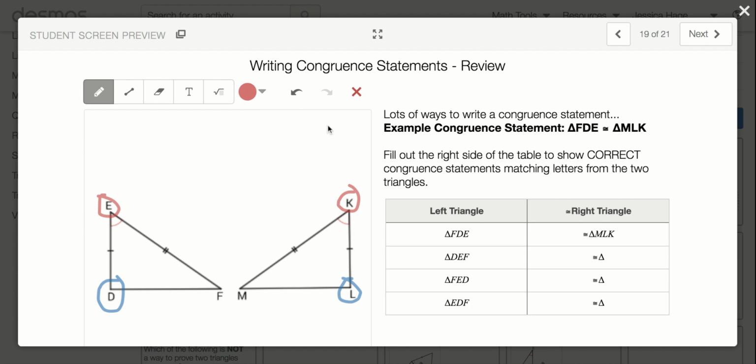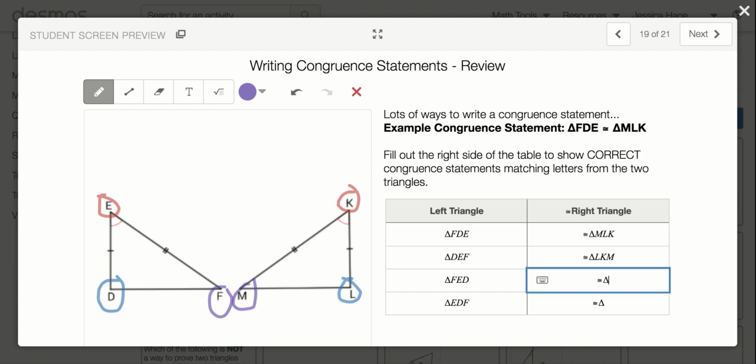And so we're just going to reorder these a little bit. Angle F and angle M would go together. So if we name the first triangle DEF, we're going to name the second triangle LKM. We're just reordering the letters based on the colors. So DEF, LKM.